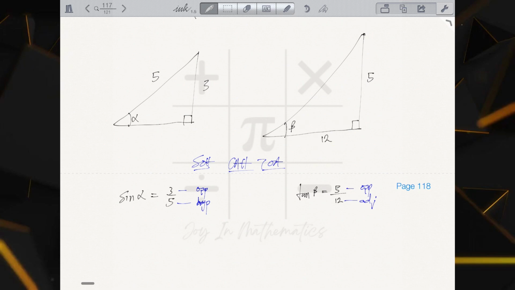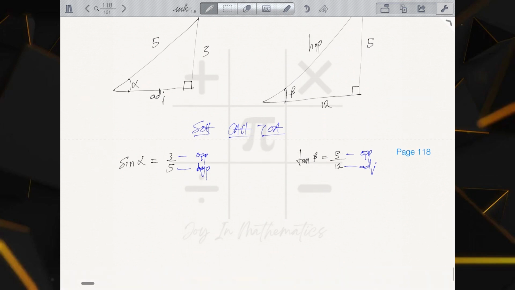So in this case, we are looking for the adjacent, and here we are looking for the hypotenuse. Let's begin with the adjacent. According to Pythagoras theorem, the hypotenuse squared is equal to the opposite squared plus adjacent squared. The hypotenuse in this case is 5. That means we have 5 squared is equal to 3 squared plus the adjacent squared.